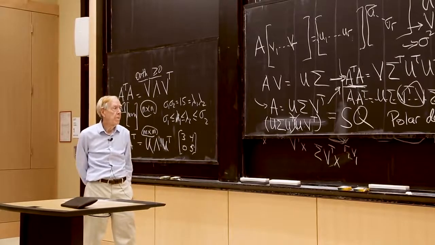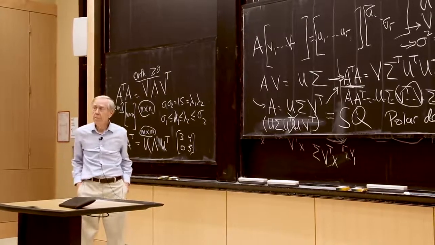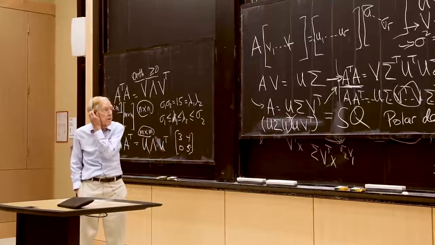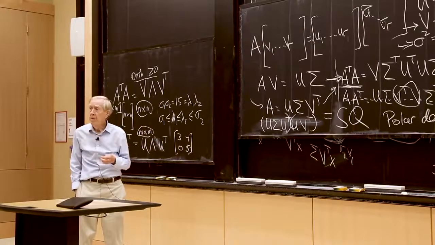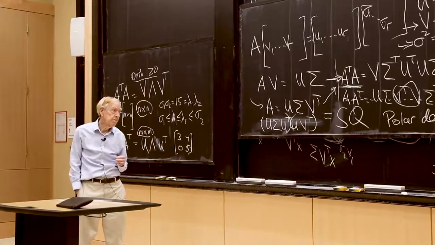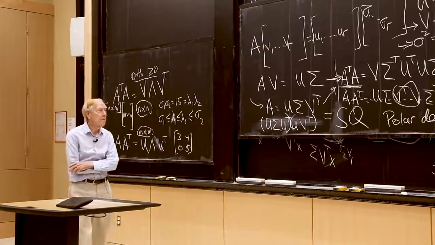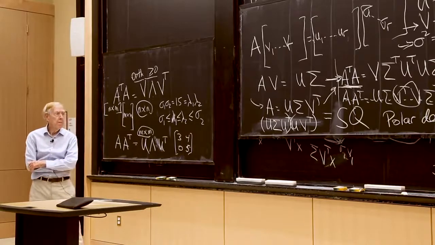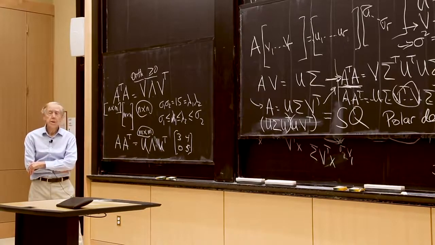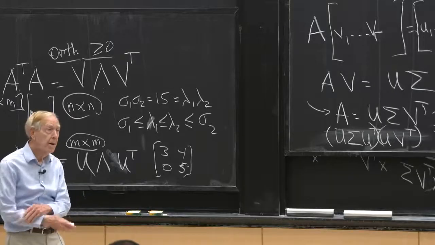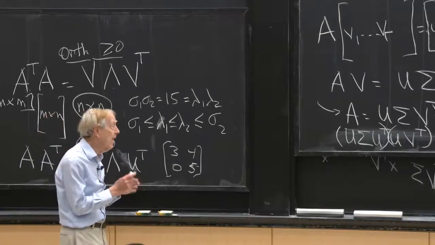So that's good. Well, this was 3, 6, 9 boards filled with matrices. Well, it is 18.065, so maybe that's all right. But the idea is to use them on a matrix of data. And I'll just tell you the key fact.